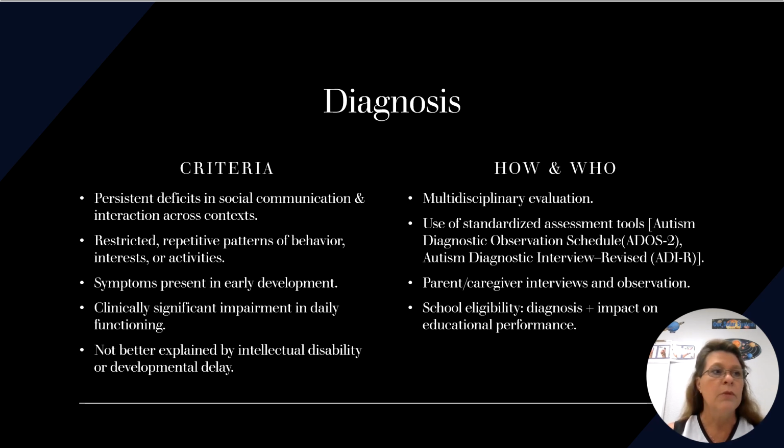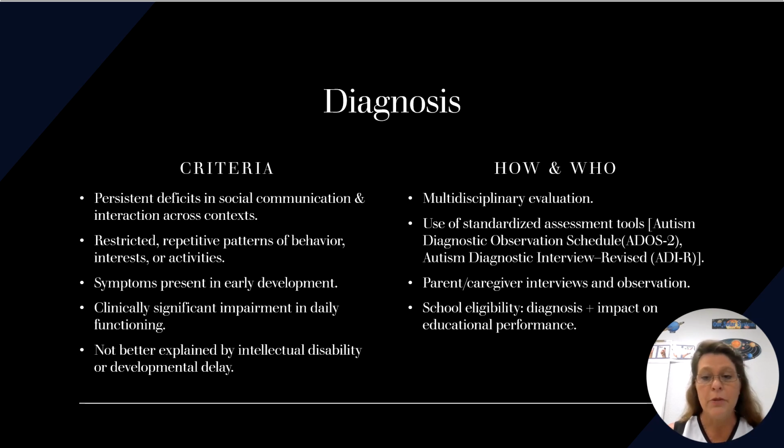Some others include echolalia, repetitive play or motion, and having a fixated interest in certain objects or things. While these may not be that noticeable early, the more pressure or demands put on those students, the more these may show up.